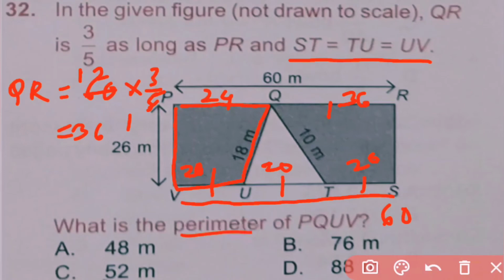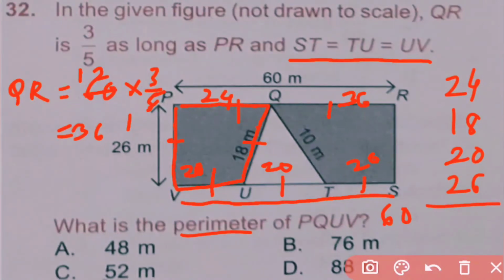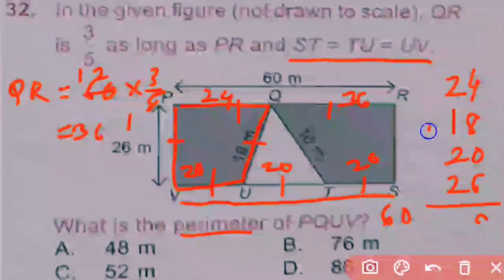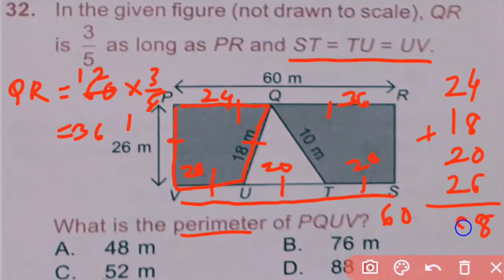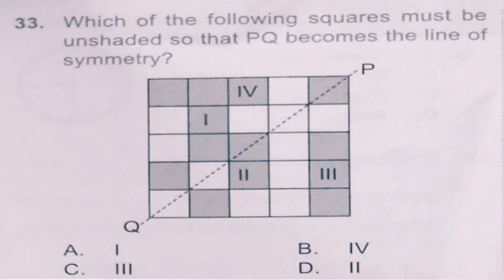So perimeter is equal to this 24 plus 18 plus this 20 and this 26, length of all sides. Addition of this will give 88. So perimeter of PQUV is 88 meter. D is the correct answer.